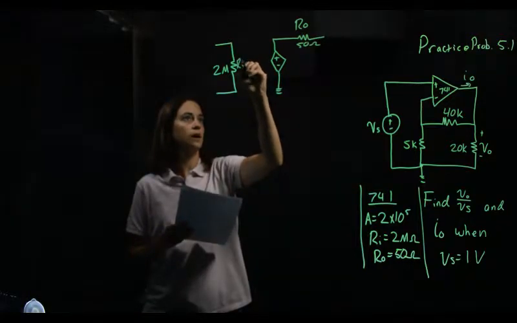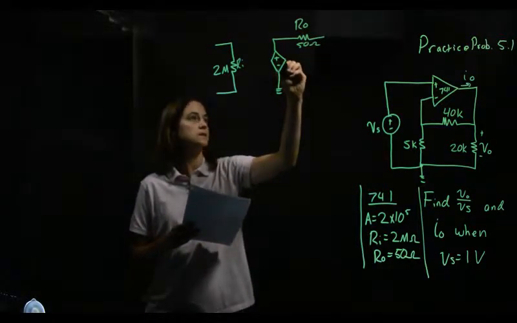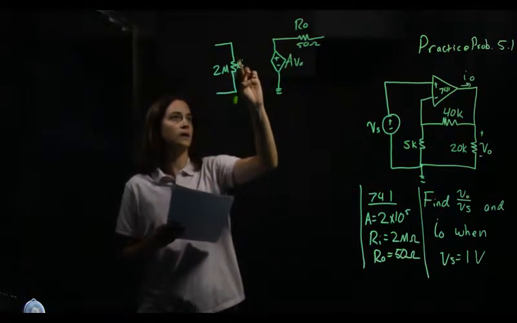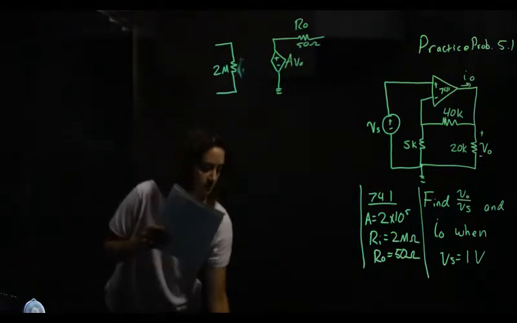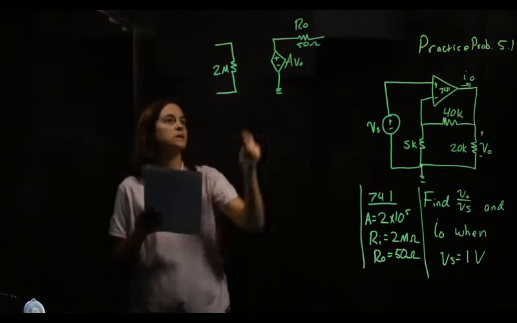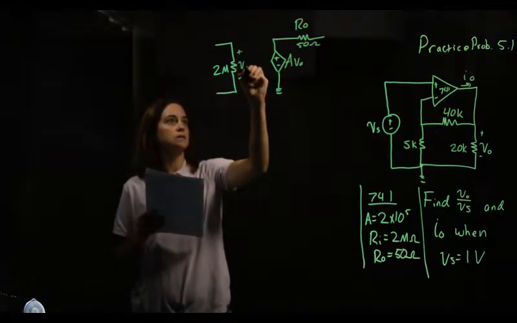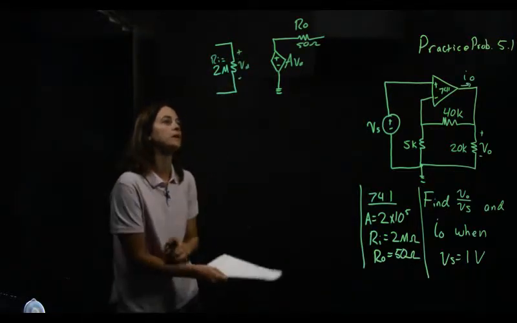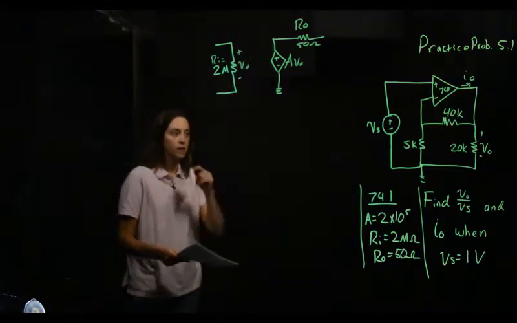This is RI, and this is AVD. VD is right here. Okay, so that is my op amp.